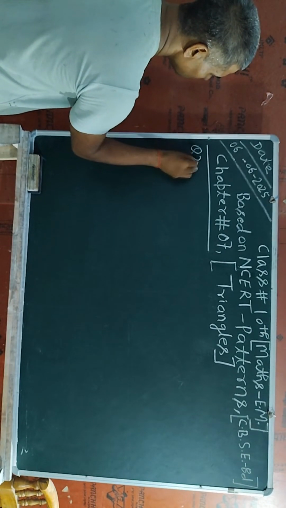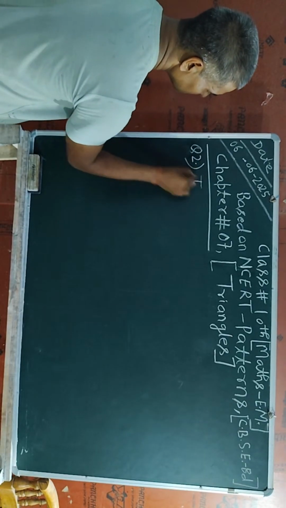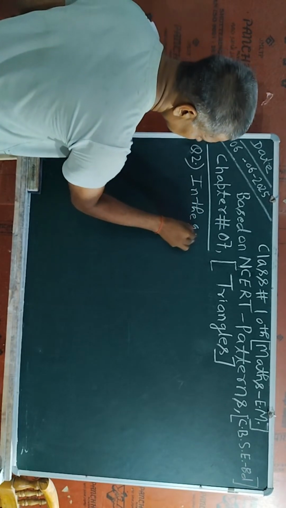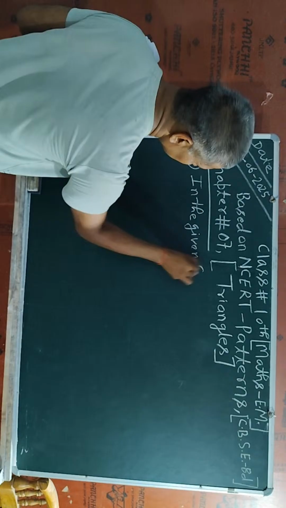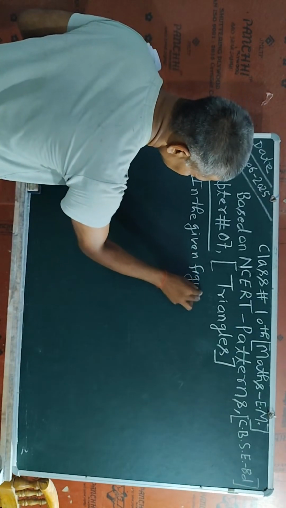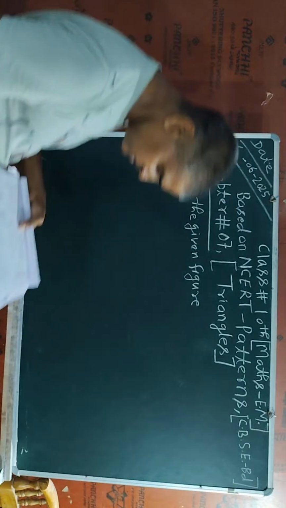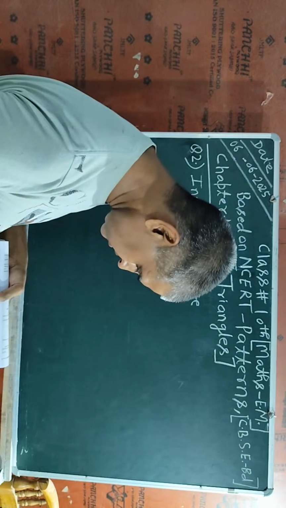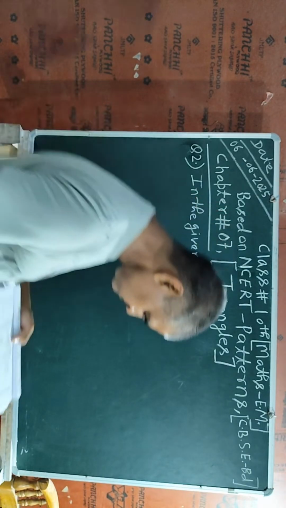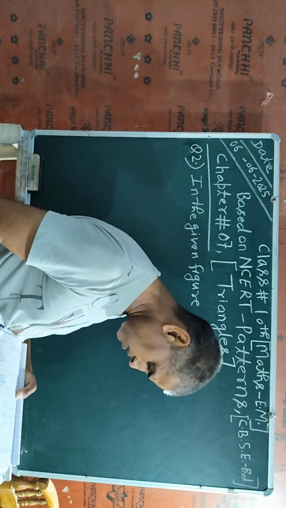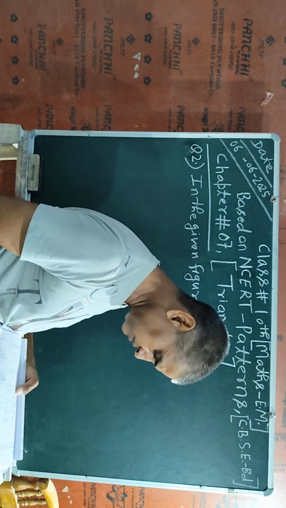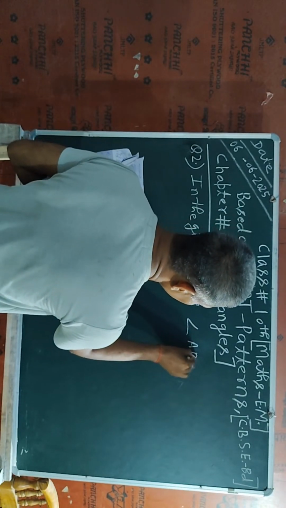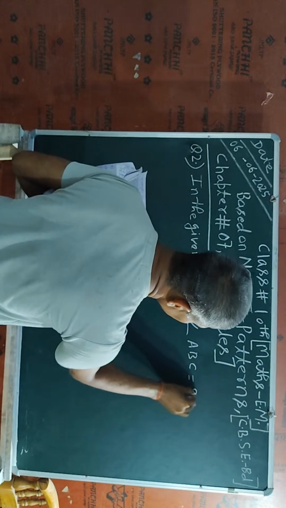In the given figure. The figure is also given here. In the given figure, angle ABC is equal to 90 degrees.